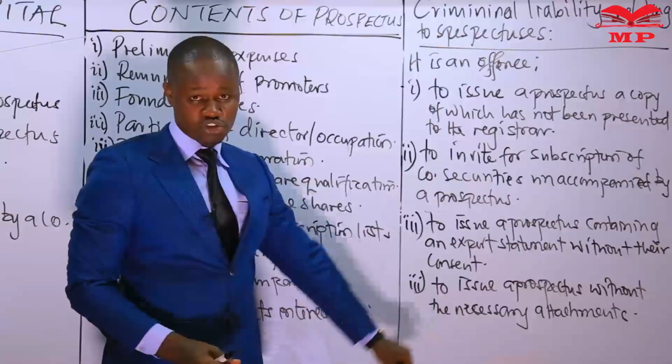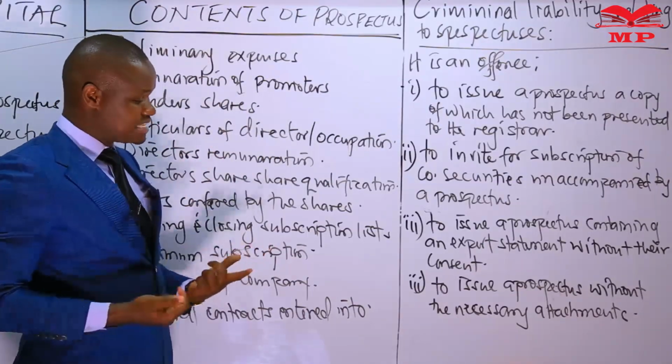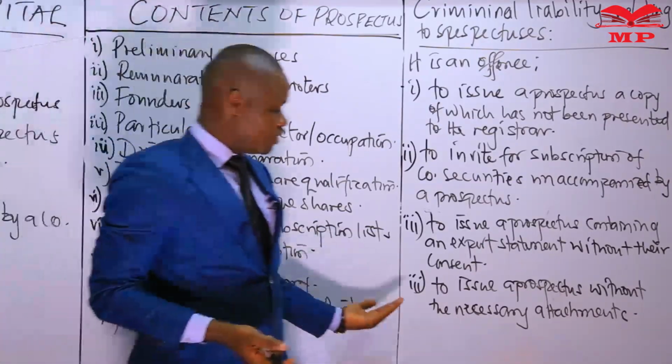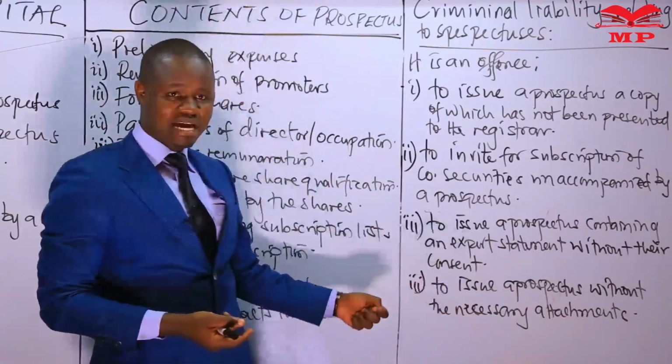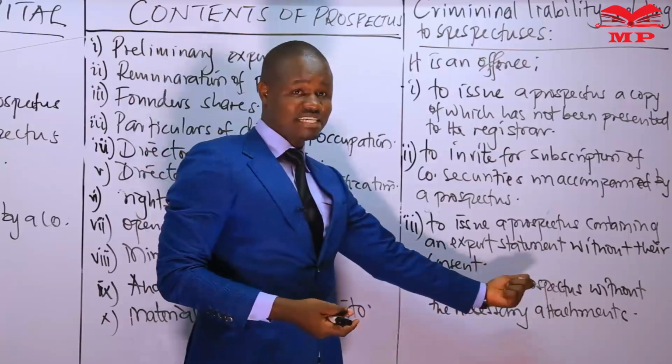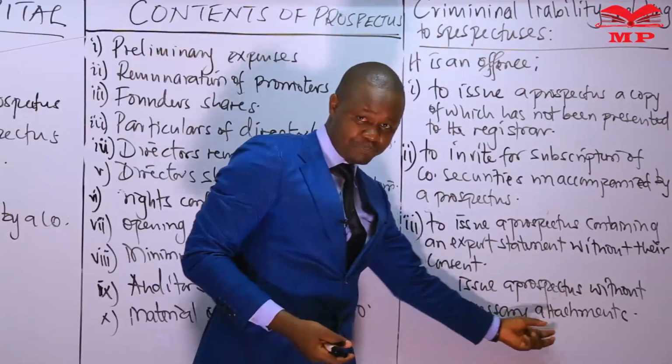An attachment is also known as an endorsement or an annexure. So what kind of attachments are we thinking about? Those prospectuses that have expert statements must also be accompanied by the written consent of such expert, such that it is criminal not to have that attached.